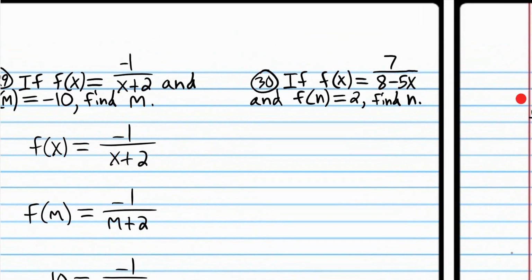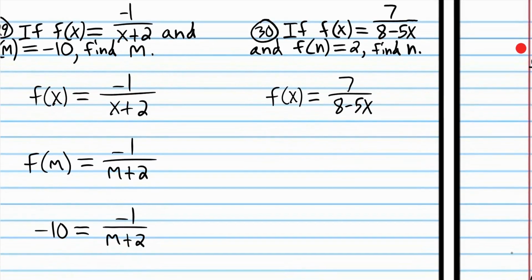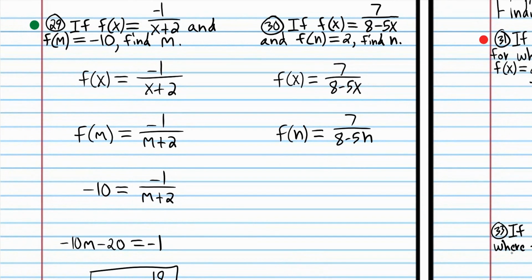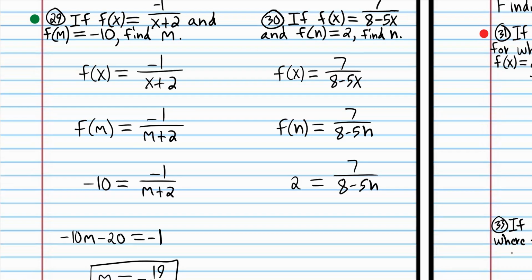So we know that f of x is equal to 7 over 8 minus 5x. But if that's true, then that means that f of n is equal to 7 over 8 minus 5n. And we know that f of n is 2, so we just have to solve this equation.